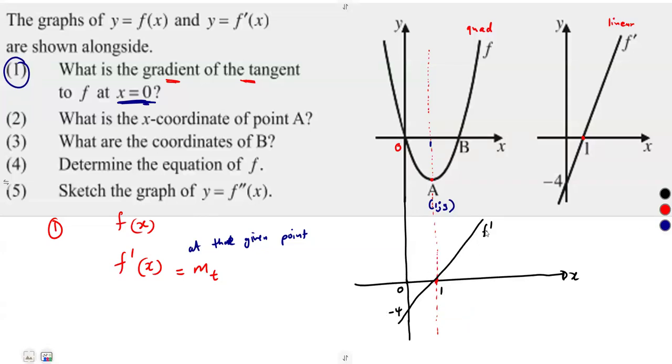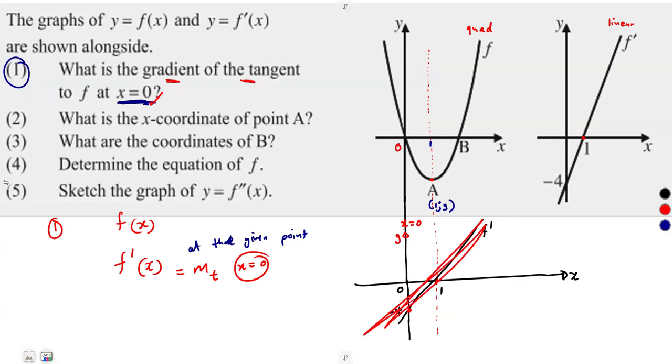So just look into the first derivative where x is equal to what? Where x is equal to 0 on the first derivative. So where x is equal to 0, I talk about what? In the y-axis, that's where x is equal to 0. So thus, the value of y is what? -4. When x is equal to 0, the graph of what?